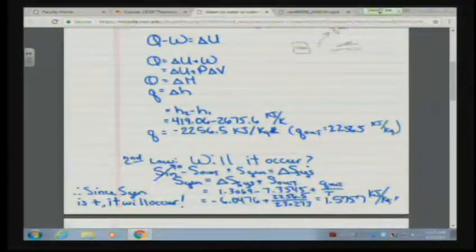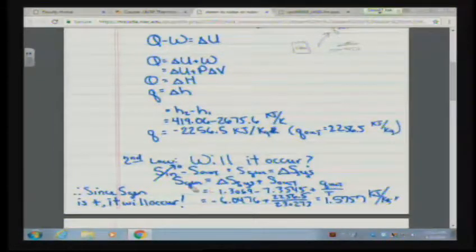So then the next thing we ask is, will this occur? S in minus S out plus S generated equals delta S system. That's just the equation from page 396 of your textbook, rewritten on our notes and rewritten here. There's no S in, right, because all of our heat's going out, is what I'm telling you.